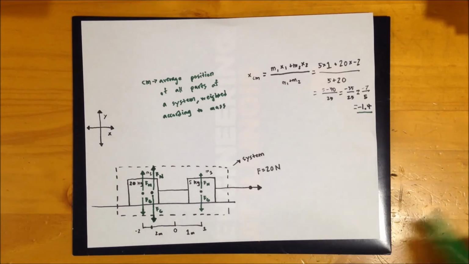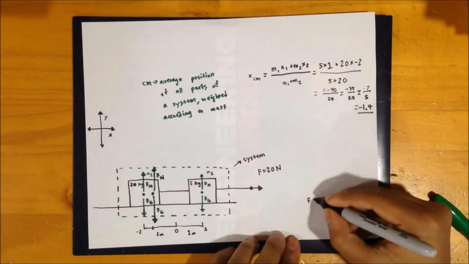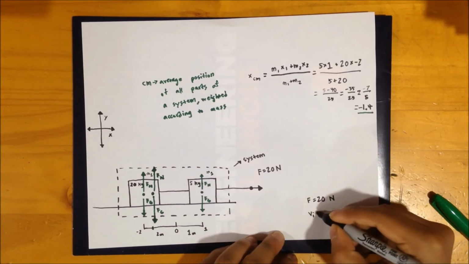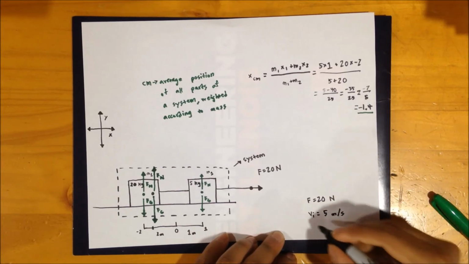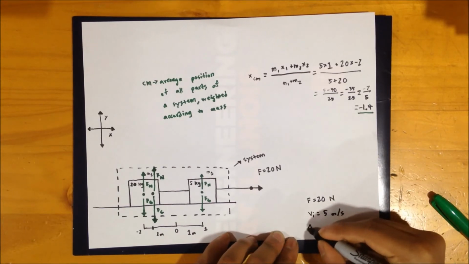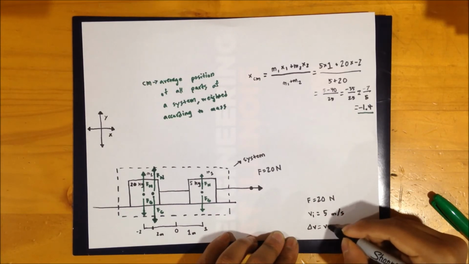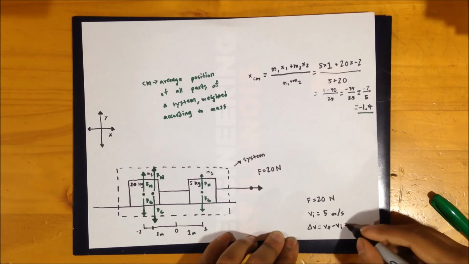So we have so far that the force is equal to 20 newtons. We know that the initial velocity is 5 meters per second. We want to find the final velocity, and the change in velocity is equal to Vf minus initial velocity.